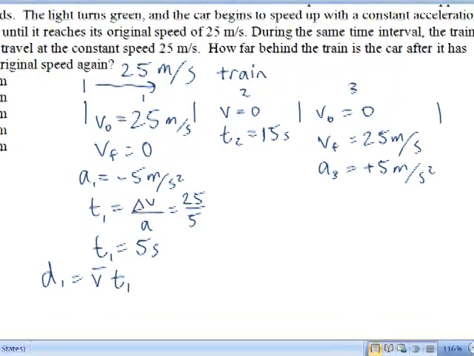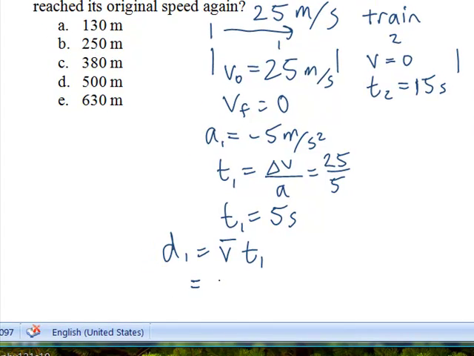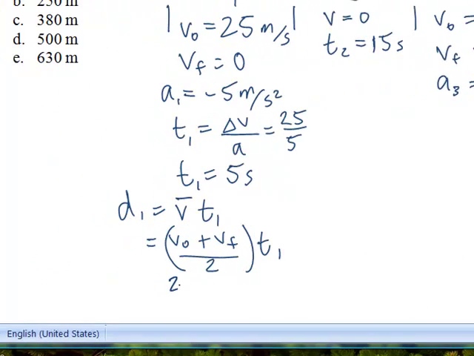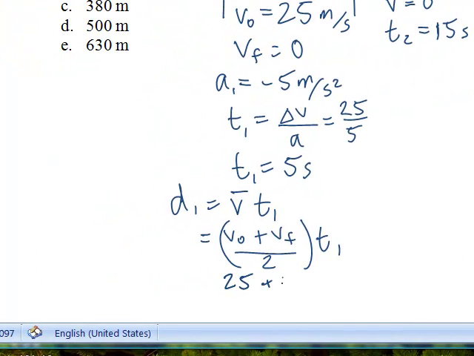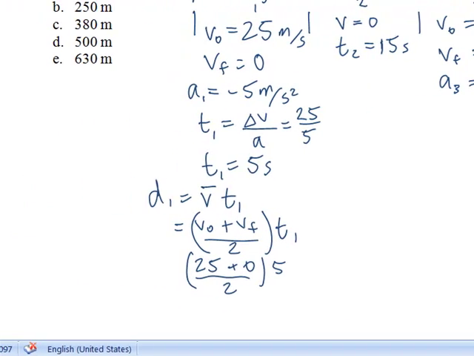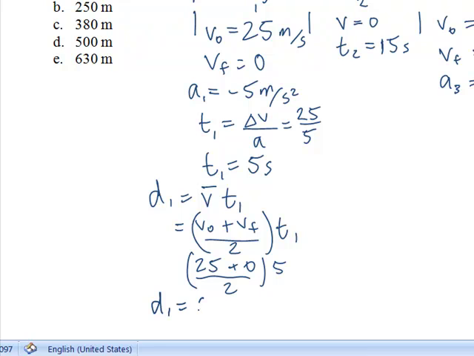The average velocity being equal to the initial plus the final divided by 2, all times the time. The initial is 25, the final is 0, divided by 2, all times 5 seconds. So during that amount of time, multiply that out, I get d1 is 62.5 meters.